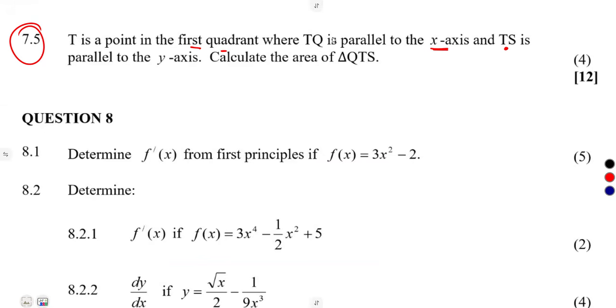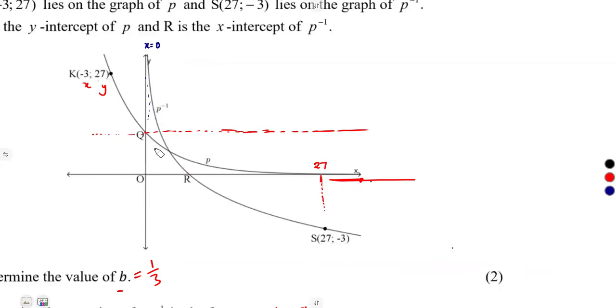And TS, the same T, but T to S is parallel to the y-axis. When it is parallel to the y-axis, our TS, this is where we've got our point S. So we can note that from point S parallel to the y-axis like this, it's going to be going up.